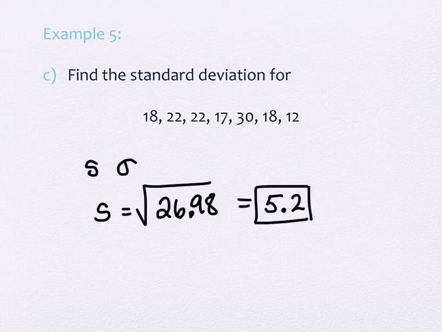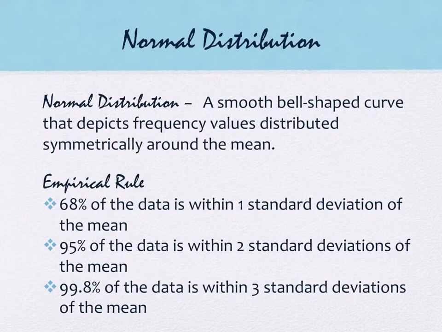Well, standard deviation is used in particular when we're talking about data sets that are normally distributed. And not all data is normally distributed. However, larger data sets tend to be more likely normally distributed. And when they are, they follow what's called the empirical rule. So start with normal distribution.